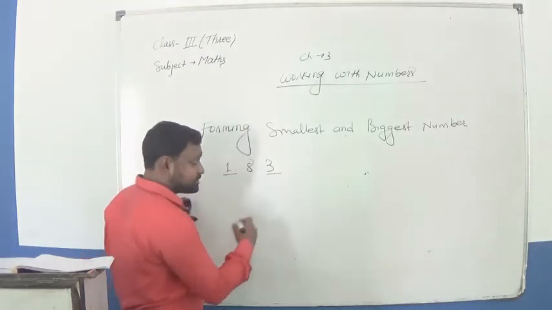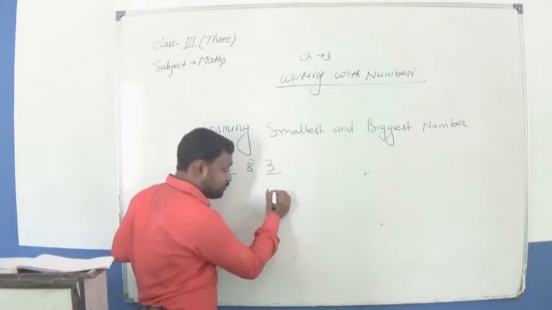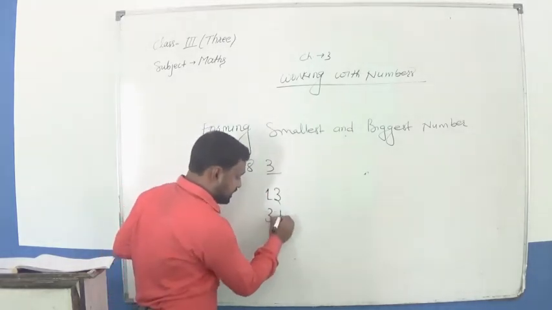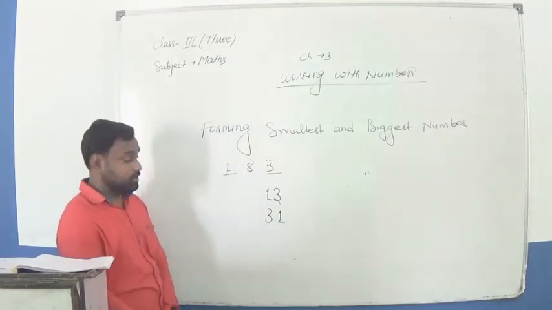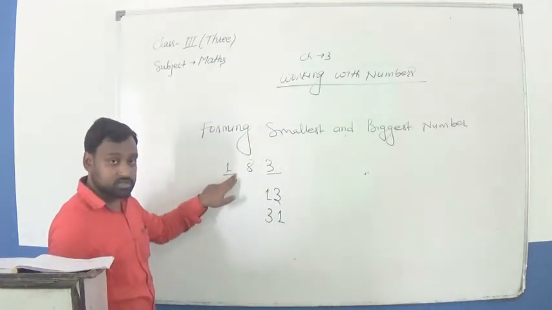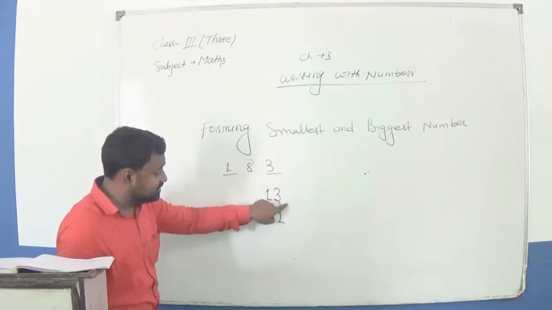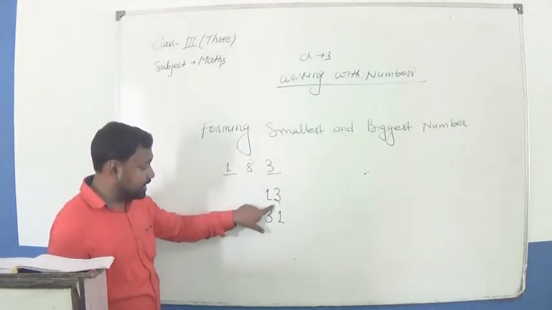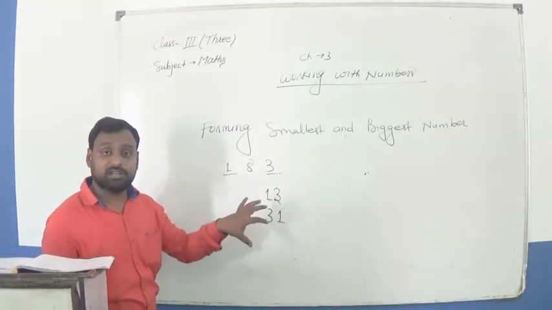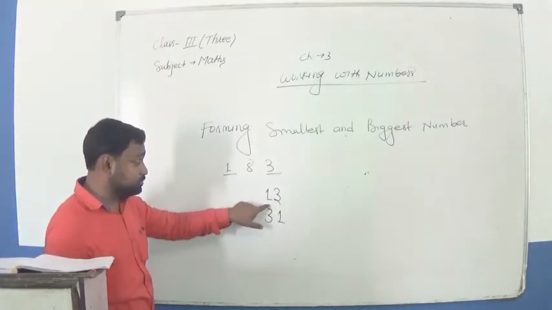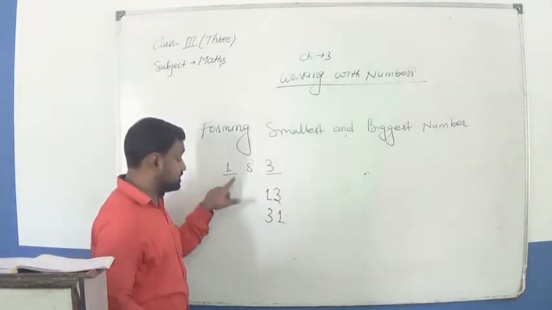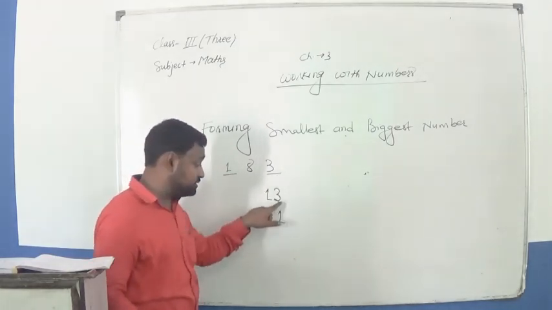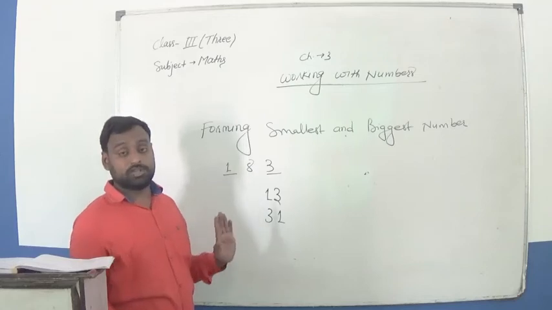What will you write? Obviously 1, 3. Or we can write 3 and 1. Using these 2 digits, we can write only 13 or 31. After that, we can't write any other numbers, because we have to use only the 2 digits, 1 and 3.